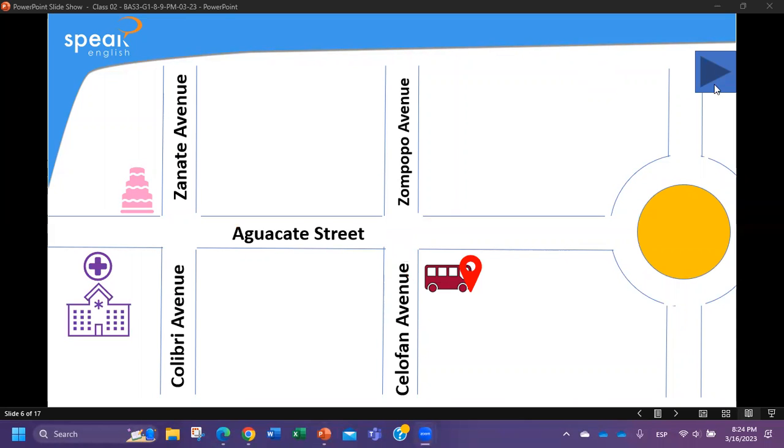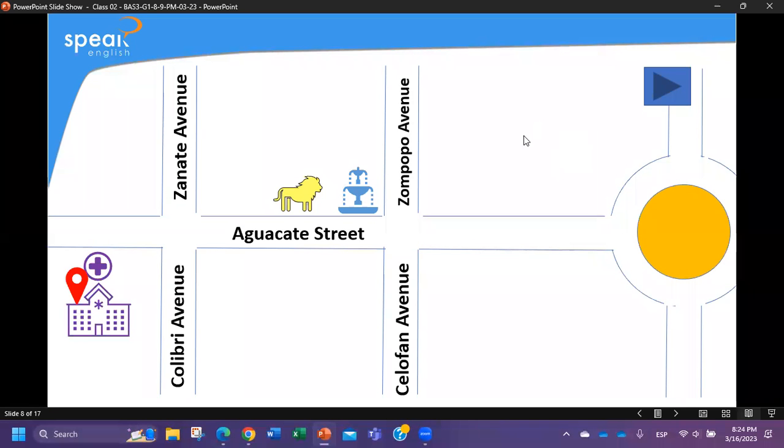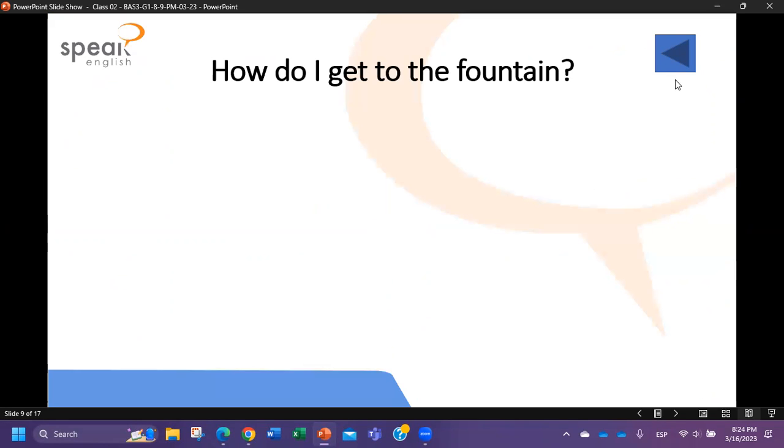Let's try with a different example. All right, now for the next one, I am in the hospital. Okay, I am already in the hospital. So the question is, how do I get to the fountain?